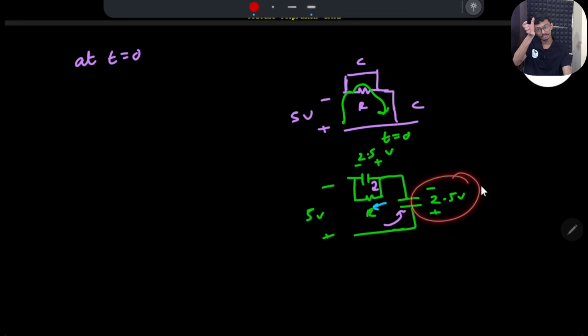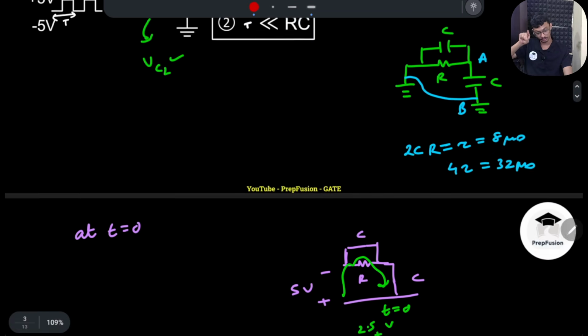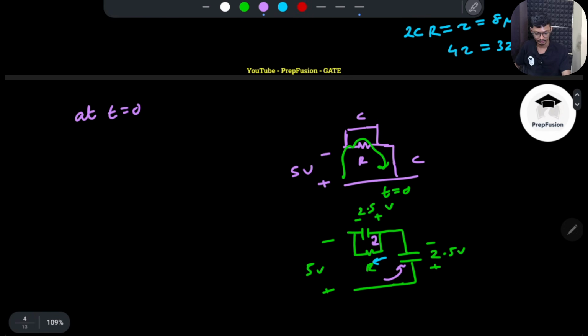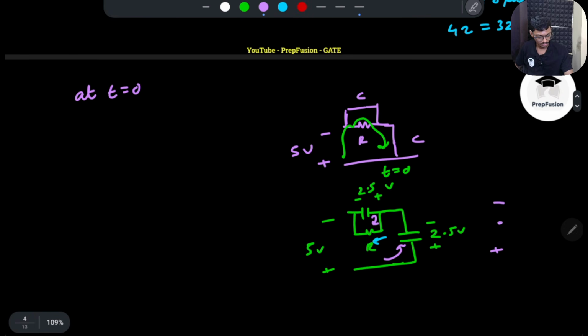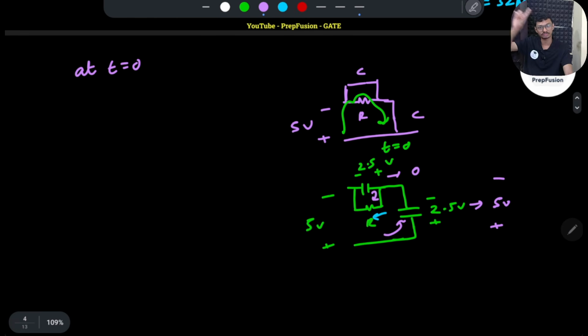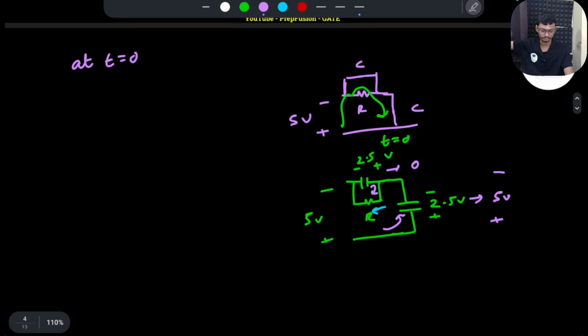So VO will try to go towards -5, and this VC1 will try to go towards 0. This is a very standard circuit, and I have solved it in my transient videos in step response. If you don't understand step response, go and watch that video.